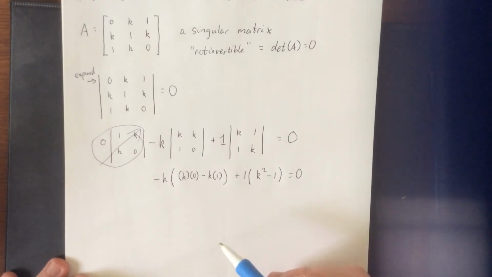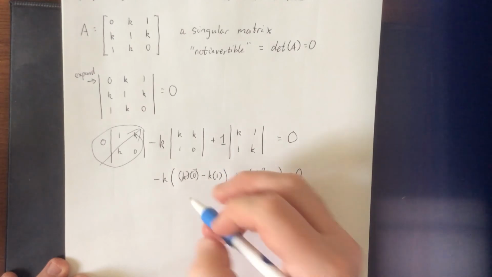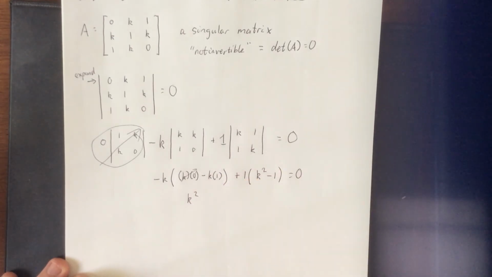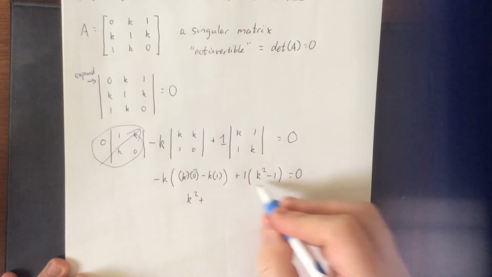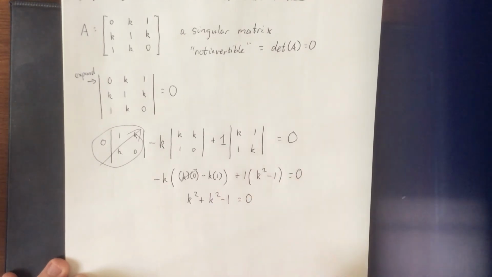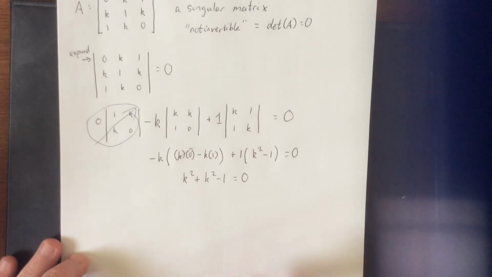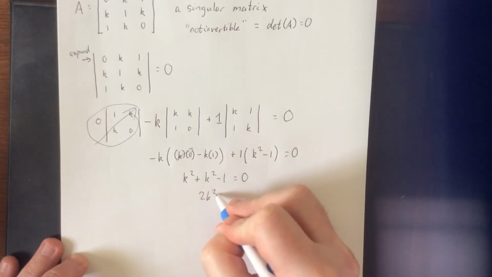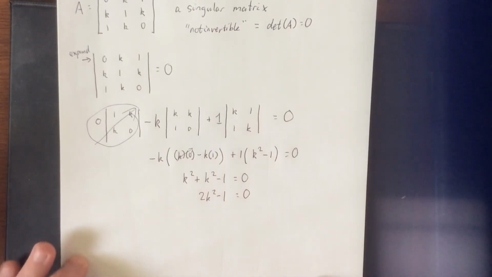Continuing to simplify, this term is going to go away since it has a 0 in it. We'll have negative k times negative k. That'll be k squared plus the other term is going to be k squared minus 1. That'll be equal to 0, giving us the following equation. 2k squared minus 1 is equal to 0.